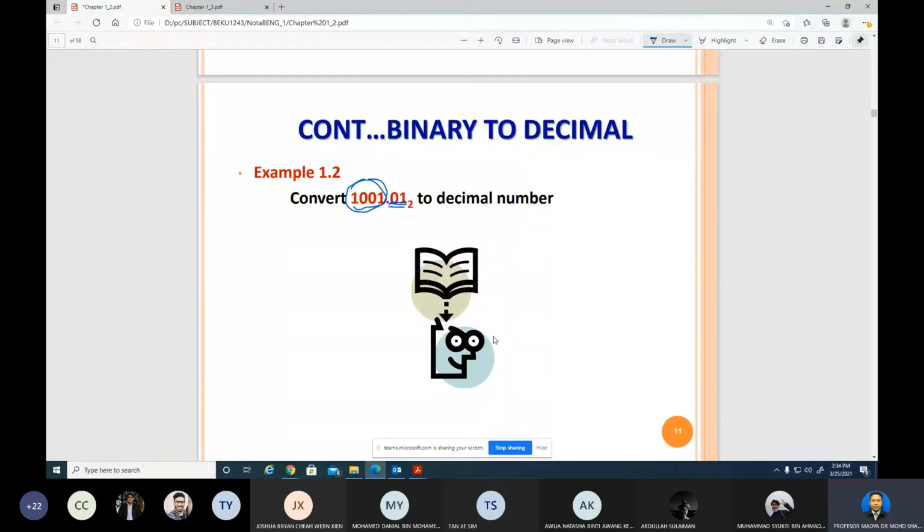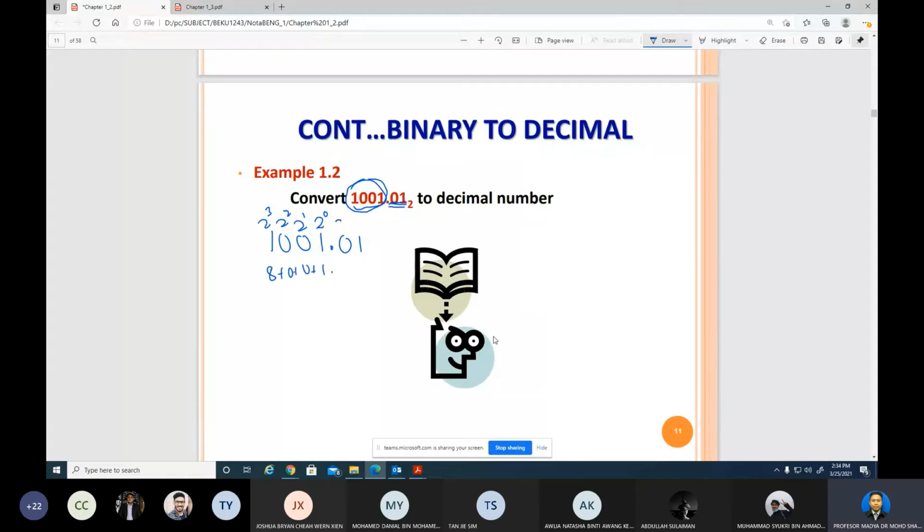For example, the manual: we have 1 0 0 1, point 0 1. This one will be 2 power of 0, 2 power of 1, 2 power of 2, 2 power of 3, so this one will be 8, plus 0 plus 0 plus 1. Then the dot.